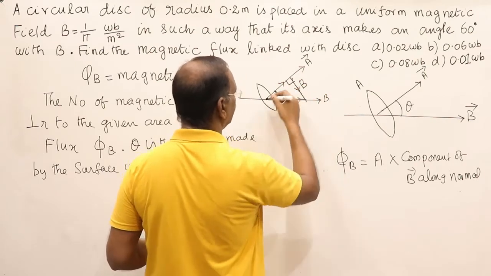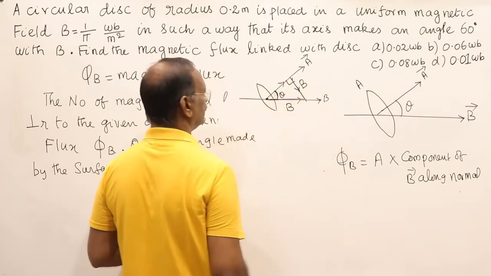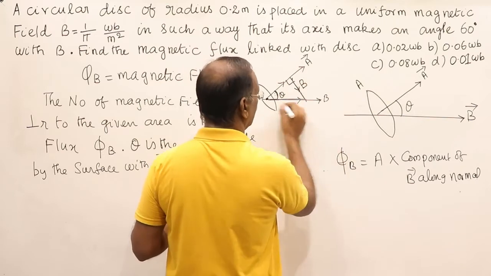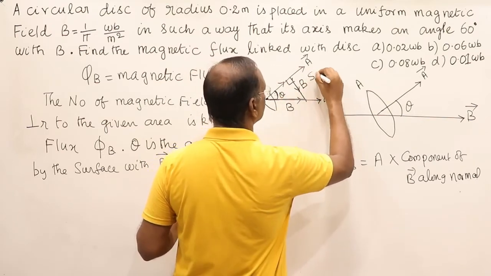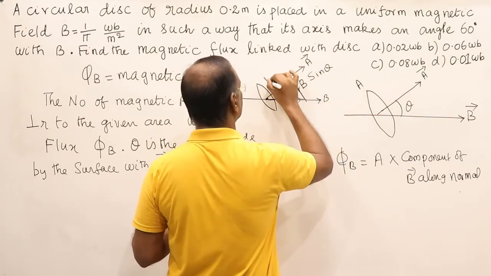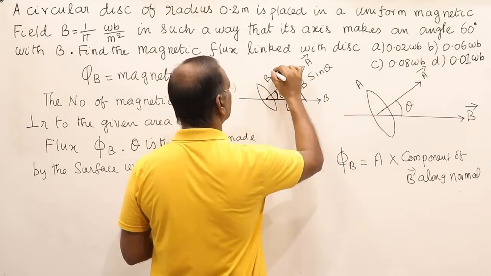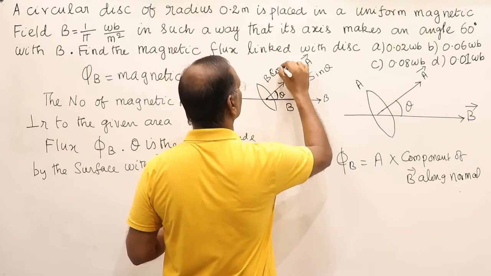B can be converted into two components. The component away from the angle is B sine theta, and the other component is B cos theta.